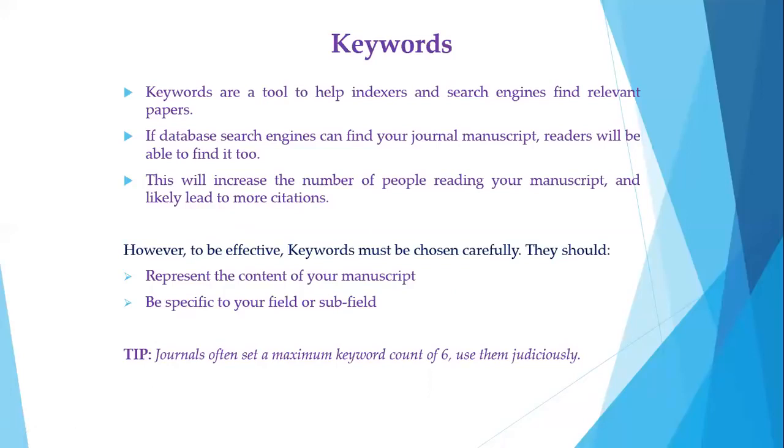No, it need not be that. Out of the 6 keywords, 4 can be from your manuscript itself, and 2 may be words that are not directly within your manuscript but are very closely related to your particular paper.